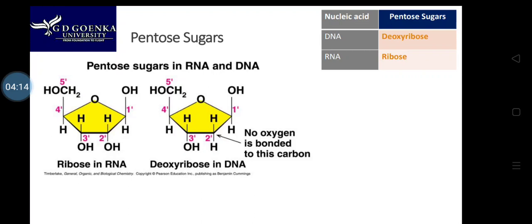For ribose, which is present in RNA, at the second carbon there is an OH, but in the case of deoxyribose, present in DNA, the second carbon has no oxygen, there is only hydrogen in the place of OH. So that is the only minor difference between ribose and deoxyribose sugar.